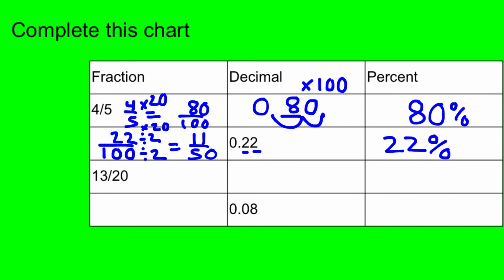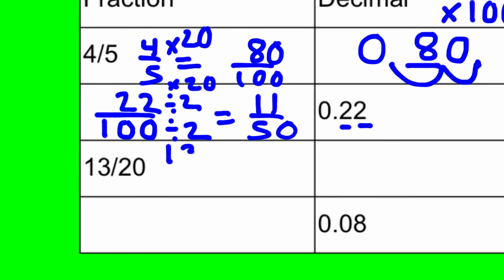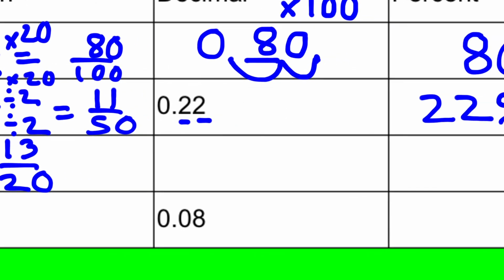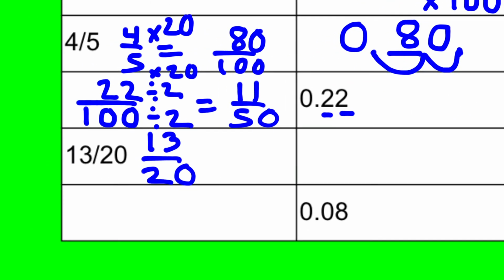So look at all the things we can do now. Okay, the fraction 13 over 20. How could I make that a decimal? Well, remember, to make fractions into decimals, I want to try to make them out of 10, 100, or 1,000.